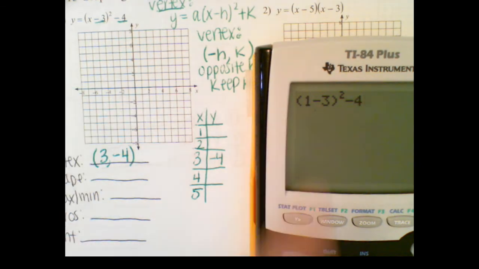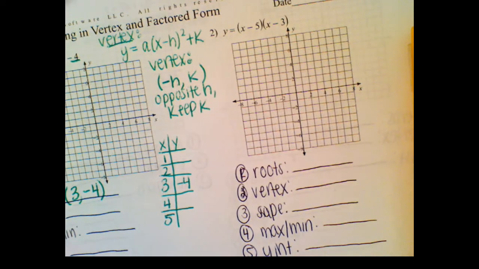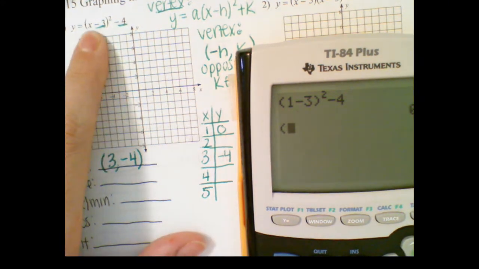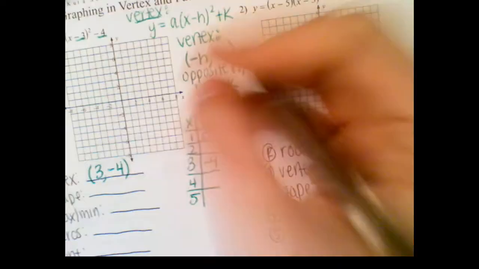So if I plug in a 1, I get 0. Okay, and I'll do it again with 2. So I'm going to put a double parenthesis for 2, because that's what I'm plugging in, (2 minus 3) squared minus 4. And I get -3.